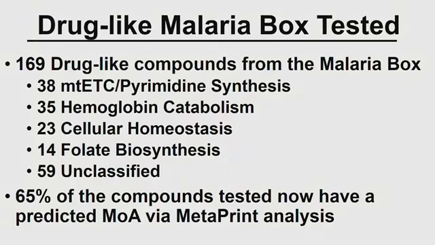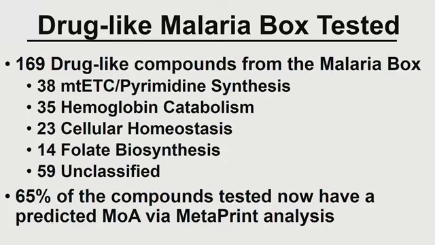We've also gone on to report on a subset of the malaria box compounds. In our recent paper, we looked at 169 drug-like compounds. Of these, they fell into these broad categories that are outlined here. This was a little bit surprising, I would say, given that the malaria box is stated to have a very broad or highly diverse chemical composition, presumably hitting very diverse pathways.